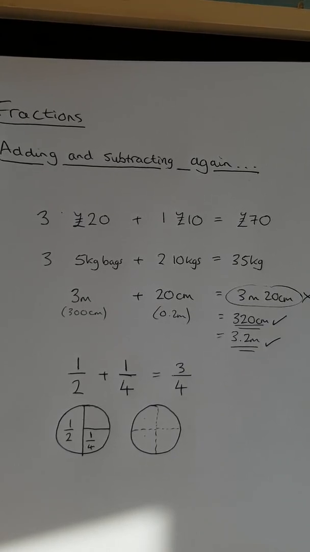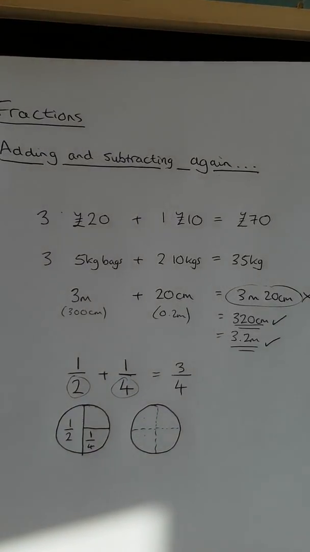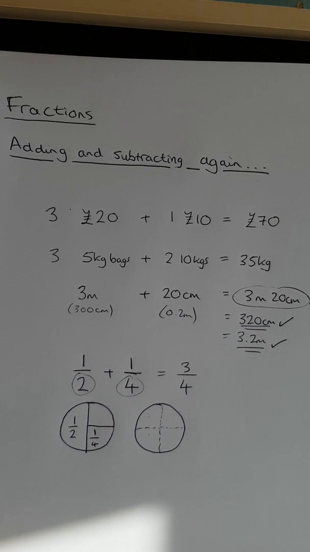You took a situation where you had differing units or differing denominators and you made them equivalent. And you did that in a really simple way in your head. Now, let's try that again with slightly less obvious numbers and see if we can do it.